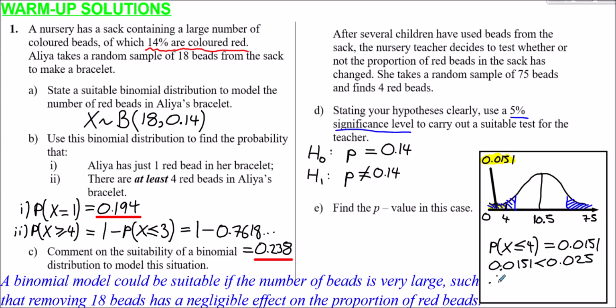So therefore, we're going to reject H0, and we can conclude the proportion of red balls has changed. Not balls, sorry, beads, it's saying. So reject H0, proportion of red beads has changed.